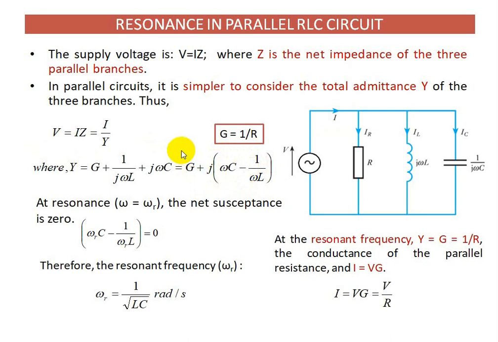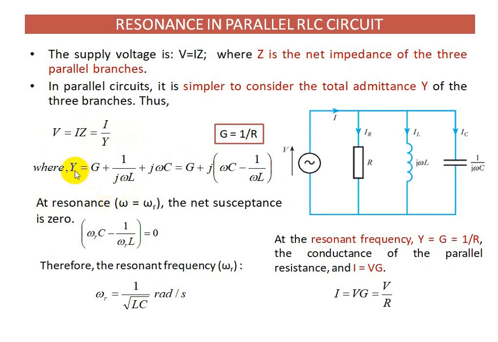So in parallel circuits, we write the equation for total impedance. The applied voltage will be equal to I into Z, where Z is the total impedance of the network. We also know that Z is equal to 1 by Y, where Y is the admittance, the reciprocal of impedance. So this can be written as I by Y.